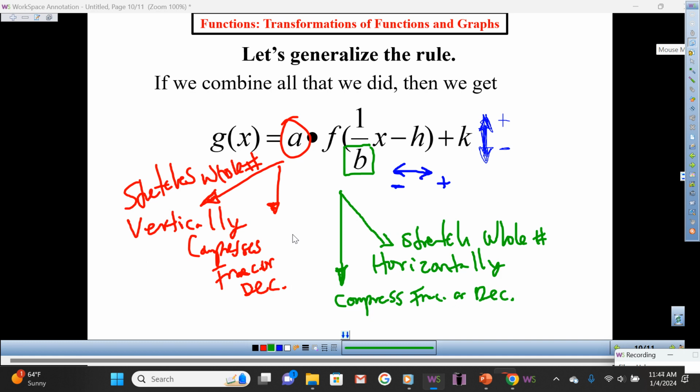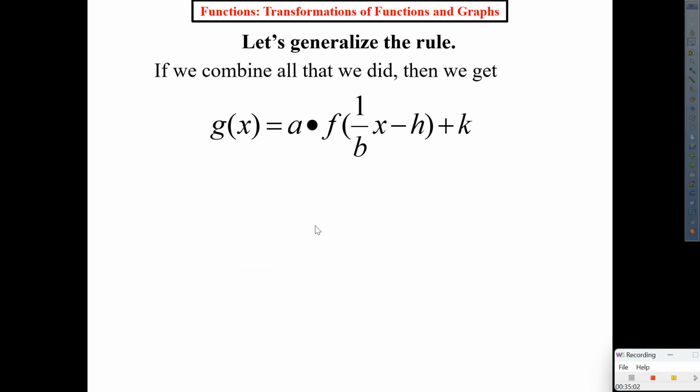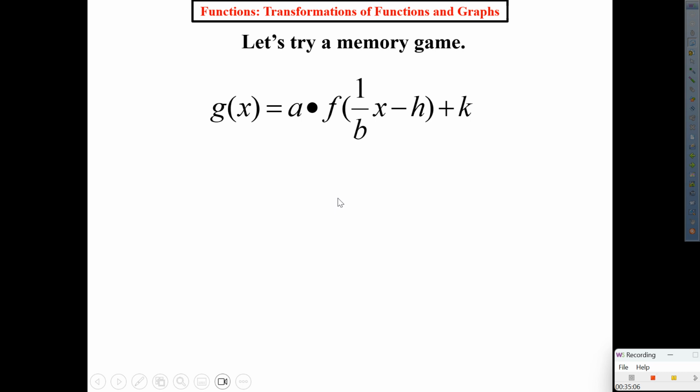David for Presidente. All right, so here's our general rule, and I'm going to play a little memory game with you to see how fast you are at telling me, depending on which value I give you, what it does to the function. All right? So I'm going to start slow just to make sure that everybody's keeping up.